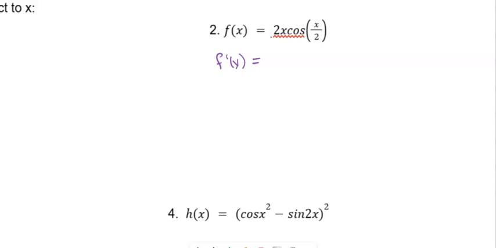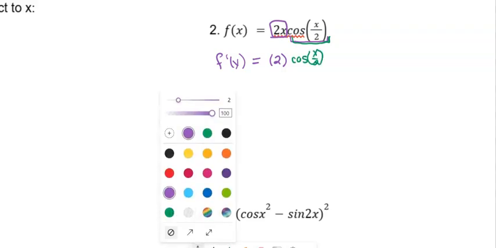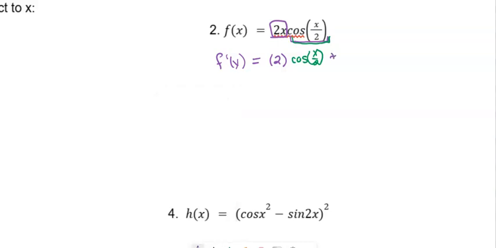Okay, now I have two functions. I have this function and I have another function. So I'm going to use the chain rule. Take the derivative of the first. Keep the second. Plus, keep the first, take the derivative of the second, and also the derivative of the argument.